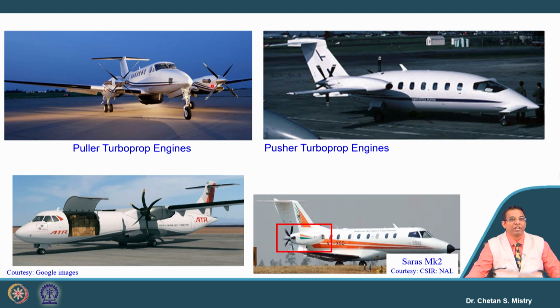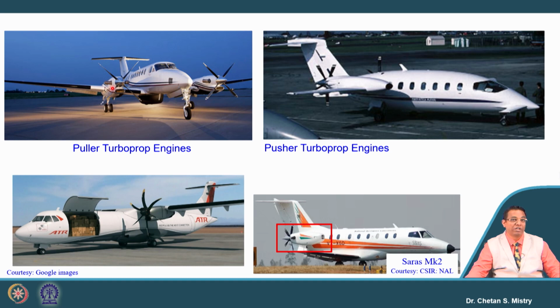Similarly, here these propellers are connected in the front side. Here, these propellers are placed on the rear side. Now just try to understand, when we place our propeller before the intake, this configuration is called a puller configuration. The whole purpose of this propeller is to pull the air. So it is giving the pulling action.